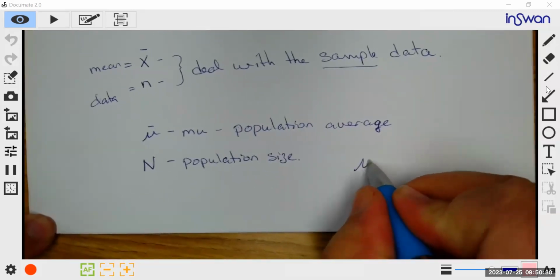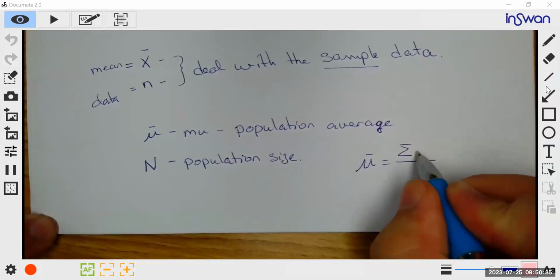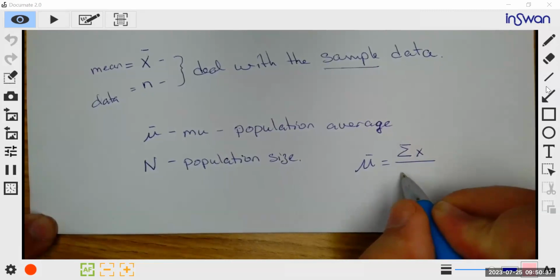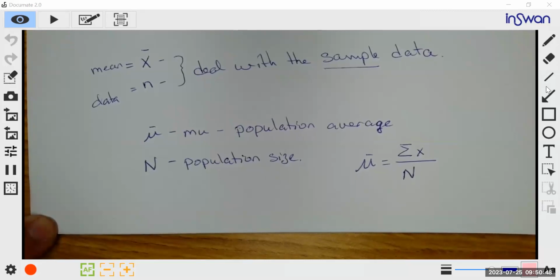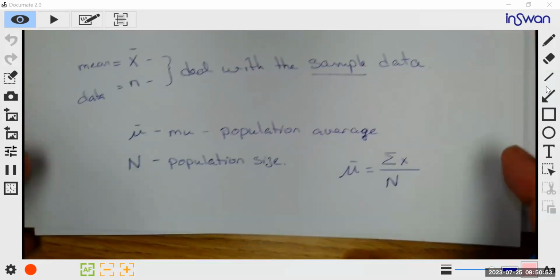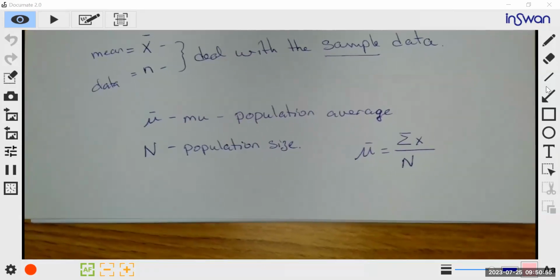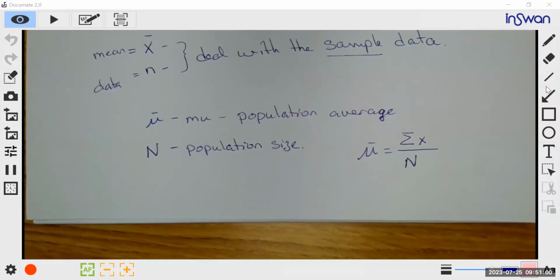So the formula for mu is the summation of all your x's over capital N. So far, so good? Good. Mathematics is a language. We have to define the words, the syntax we're using in our language. And that's what I'm doing here.